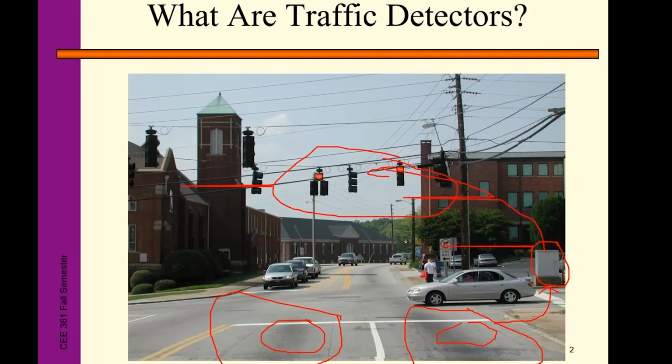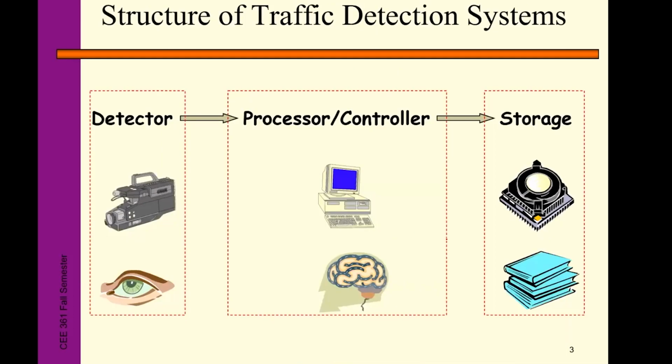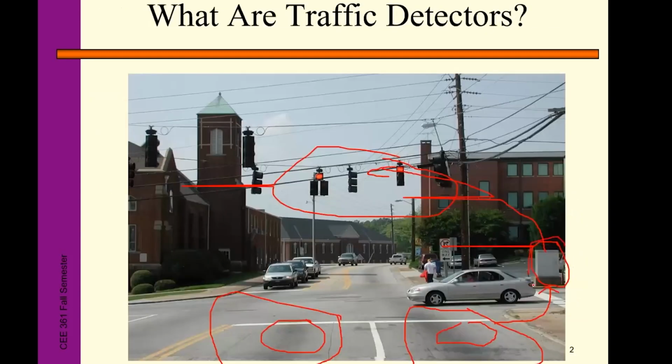And this is one example. The detector is just like human beings' eyes. It detects what's going on, how many cars are on the road, what the density of cars on the road is, and how many people are waiting for the green time to cross the street. That information detected by the traffic sensors is sent to the processor or controller, like the control cabinet I showed you over here.